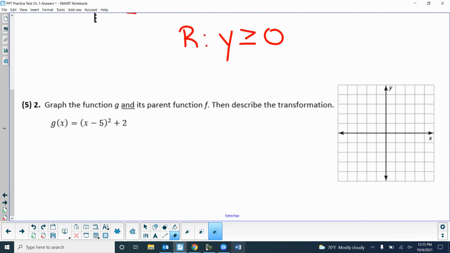All right, so it's graph the function g, so that's this function, and its parent function. But what's the parent function since we're squaring it? Quadratic. Where's the points for the quadratic? Where is that parent function? 0, 0 is one of the points. -1, 1, yeah. 1, 1.